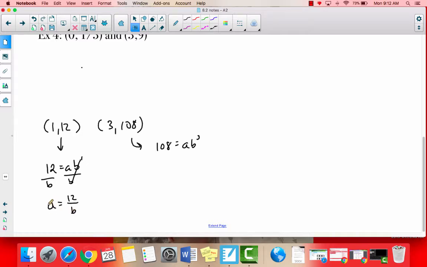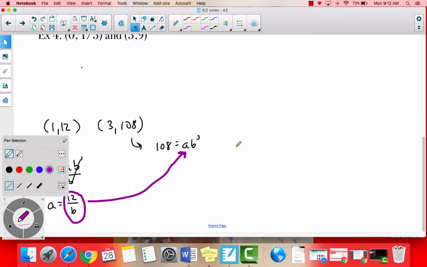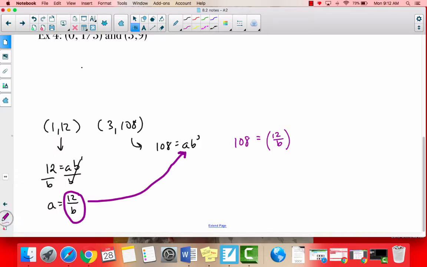And because I've done that, I know a is equal to this, then I can plug this in here into a in my second equation, and then I'm going to be able to do some solving. So if I do that, I'm going to get 108 equals, and instead of a, I'm going to put 12 over b, and then times b to the 3rd.